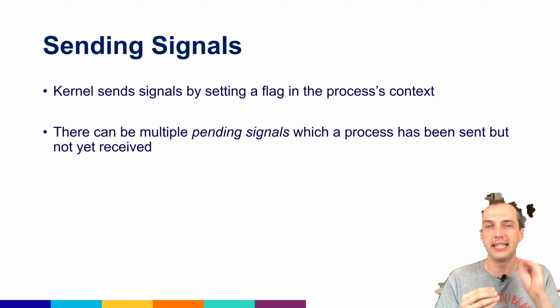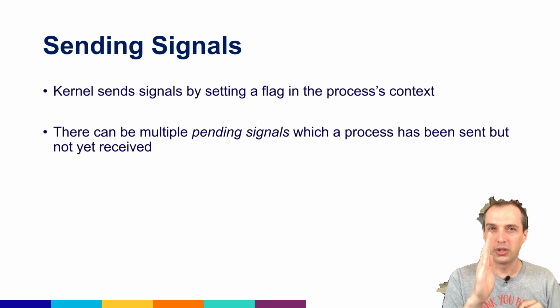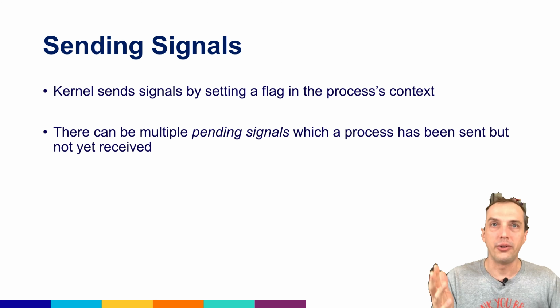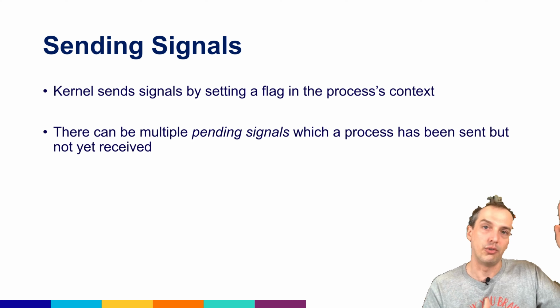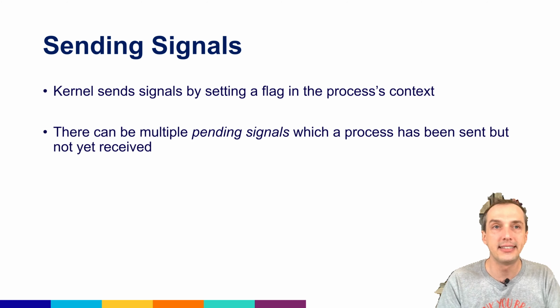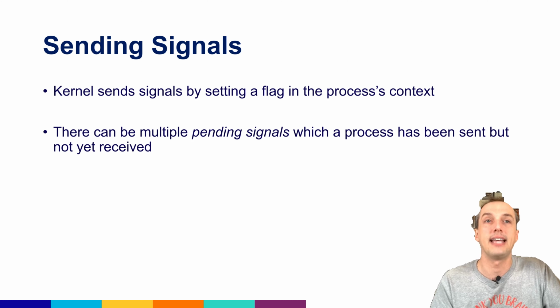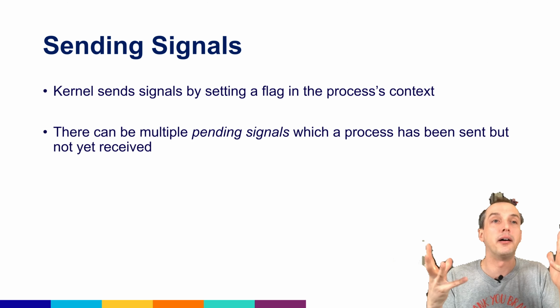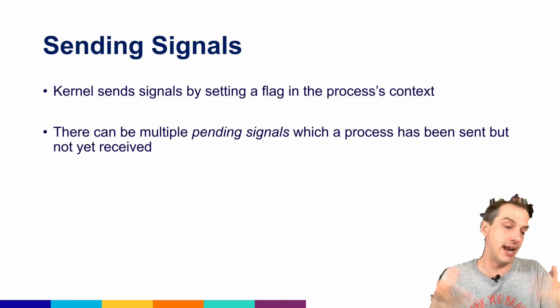When a signal gets sent to an individual process, sending the signal raises a flag. Like if you think of old-timey mailboxes where you've got that nice little red flag on the side, sending a signal raises a flag that says, hey, there is something in here that you have to take care of. It does not immediately cause the mail carrier to show up and take it out, right?